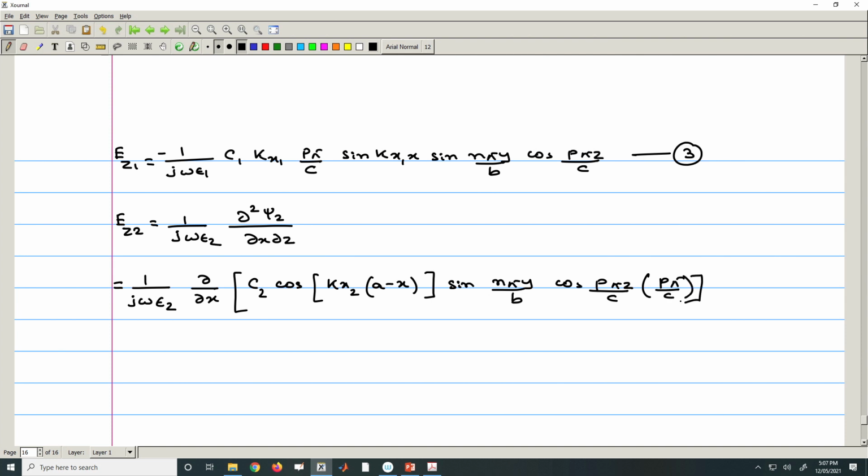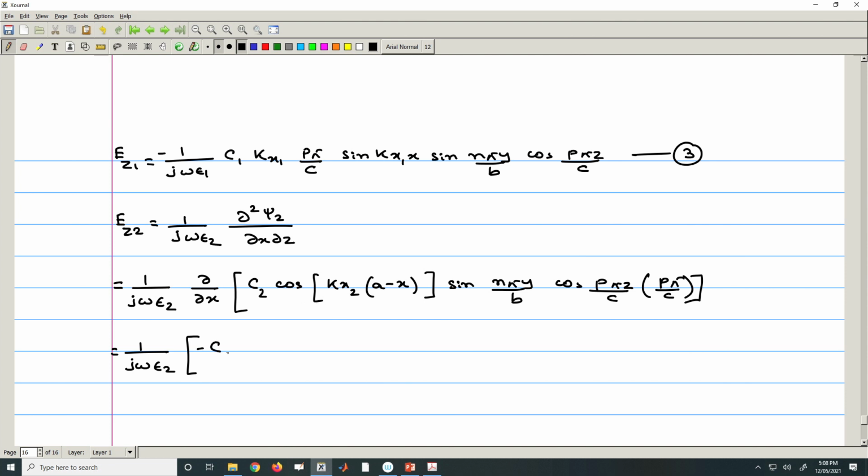Now this whole thing we will differentiate again with respect to x. So 1 upon j omega epsilon 2, with respect to x, cos will be minus of sin.